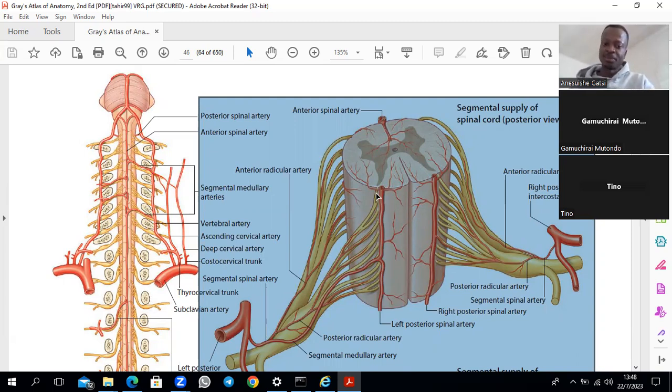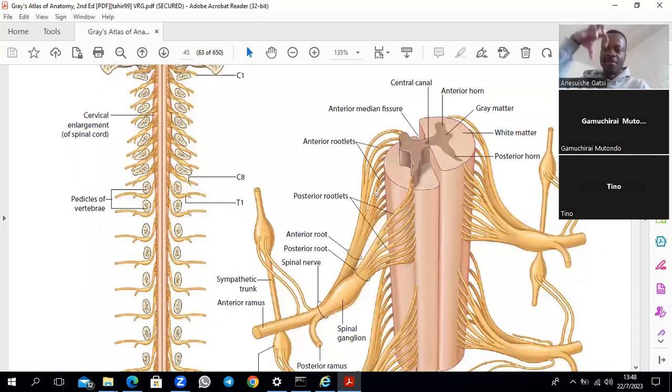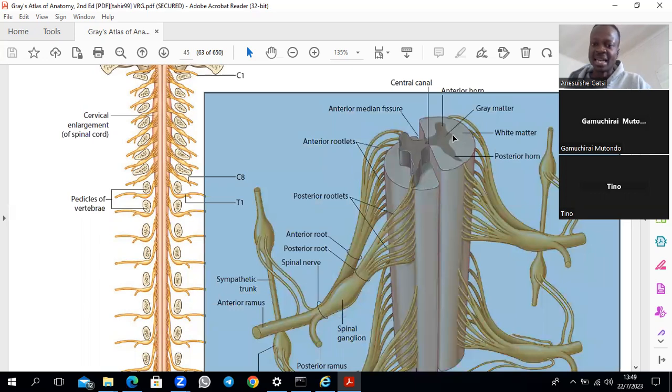Then coming back to the general structure of the spinal cord, remember I said gray matter is at the center, this butterfly-shaped region, then white matter is on the outside. This gray matter has what we call an anterior horn, then a posterior horn. Then in other regions, there is an intermediolateral horn here.